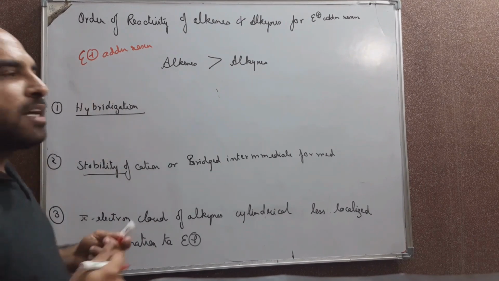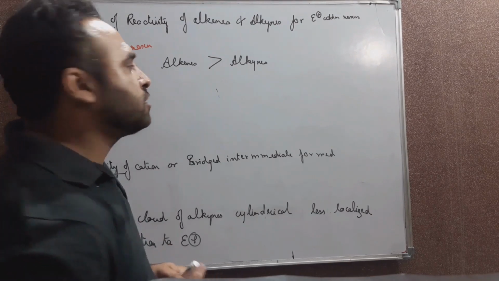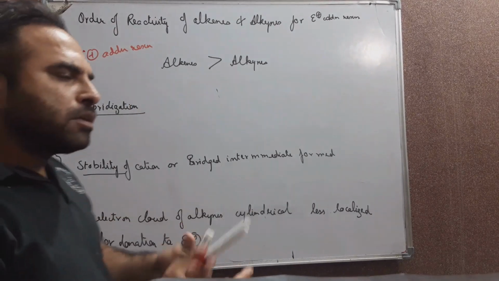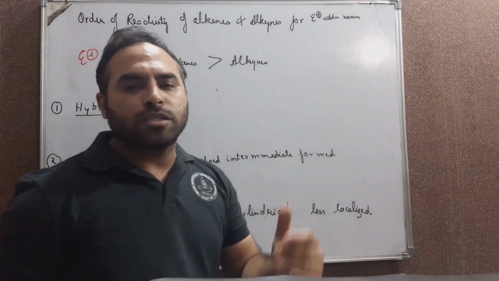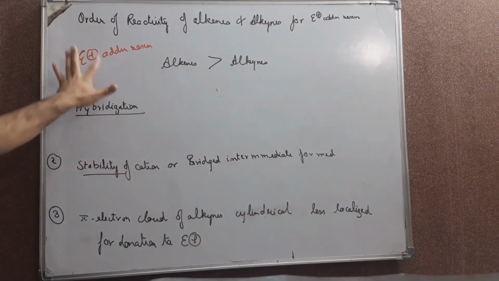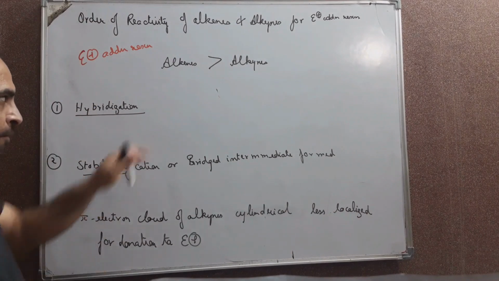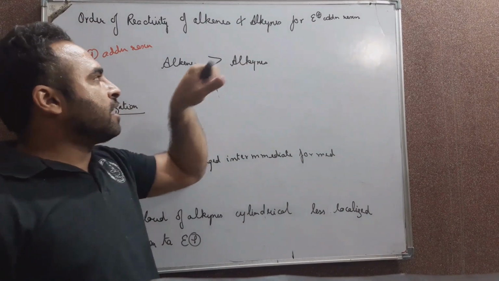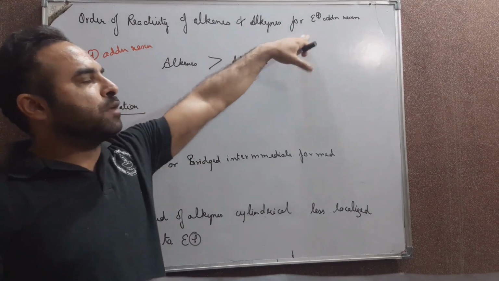Positive charge signifies that the species is electron deficient. It is not necessary that the molecule as a whole is carrying a positive charge. It is electron deficient.